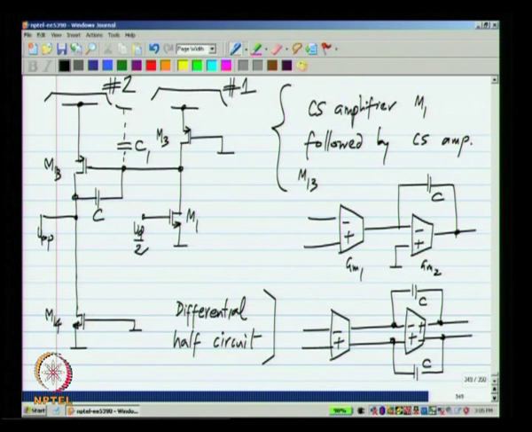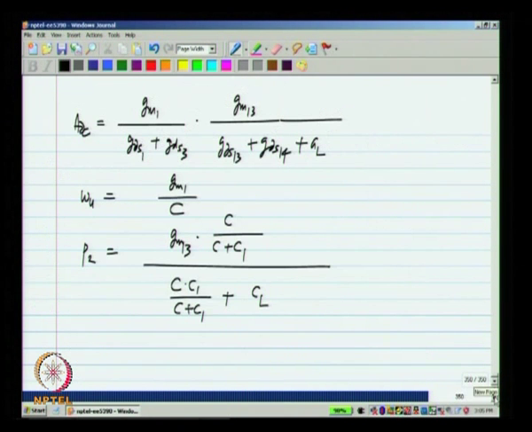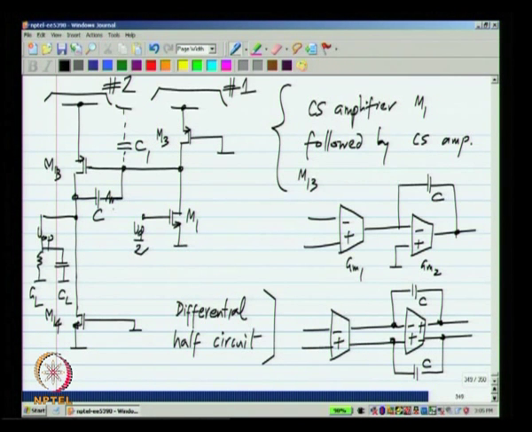So, we have a load conductance GL and a load capacitance CL. So, this is what we assume. Okay. In addition to this, we will have an RHP right half plane 0, which is at GM13 by C, and this can be cancelled using RZ. Okay. That is using a resistance in series with the integrating capacitance.